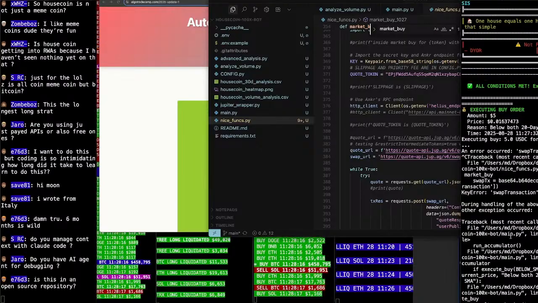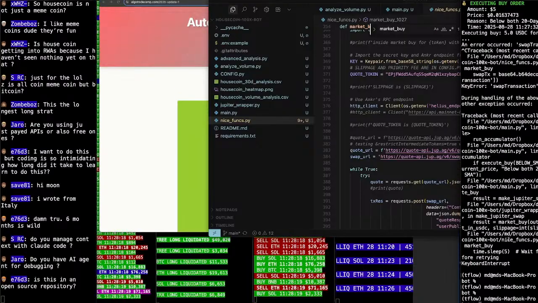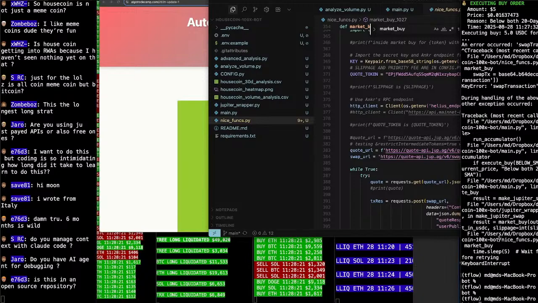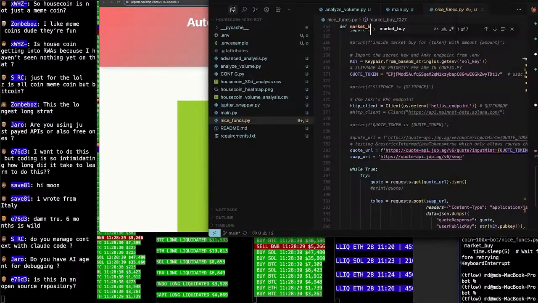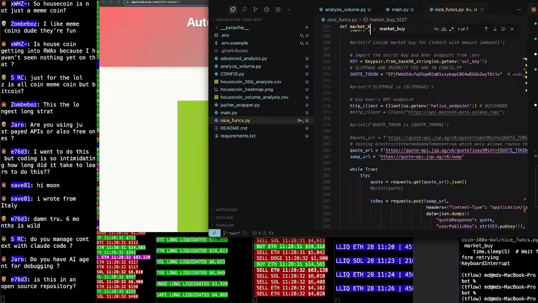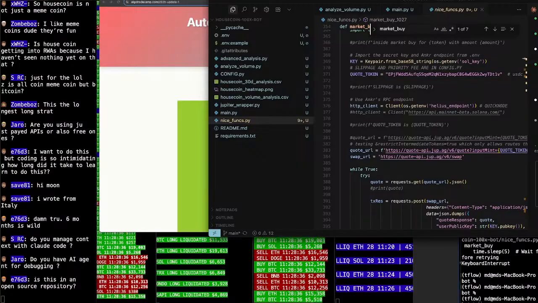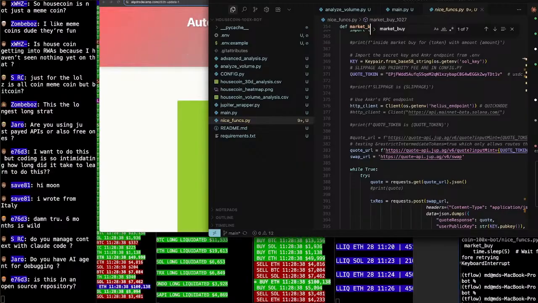Error and swap transaction. Also, when testing, conda activate T-Flow.